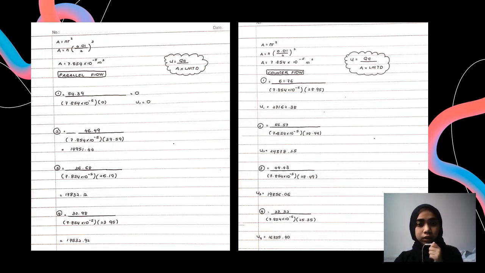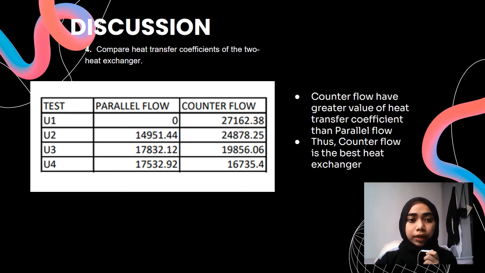After that, for the counter flow, the U1 that we got is 27162.38, U2 is 24878.25, U3 is 19856.06 and U4 is 16735.40. So here is the comparison between the heat transfer coefficients for the parallel flow and counter flow.